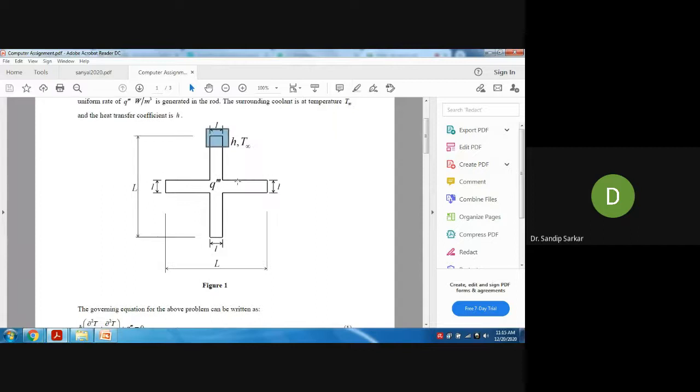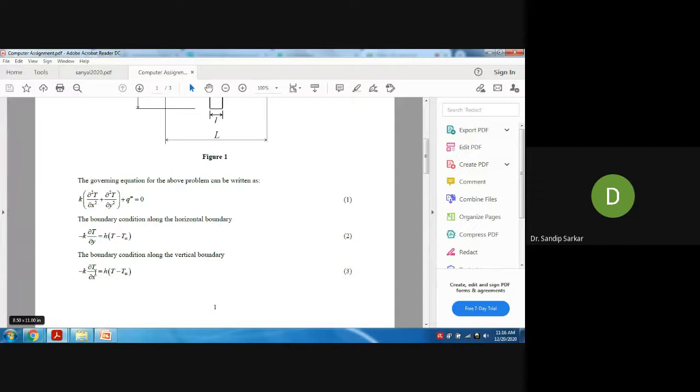What about the vertical planes? That means this plane, this plane, this plane, and this plane. What will be the boundary condition along any vertical plane? Convective boundary condition, that is minus k del T del x equal to h (T minus T infinity). This is the convective boundary condition at any vertical plane.